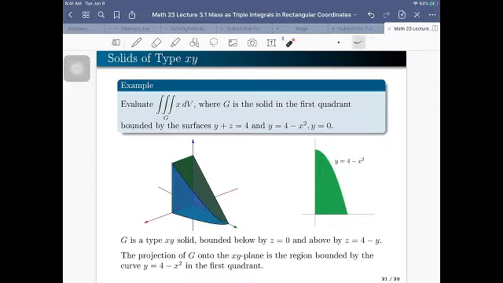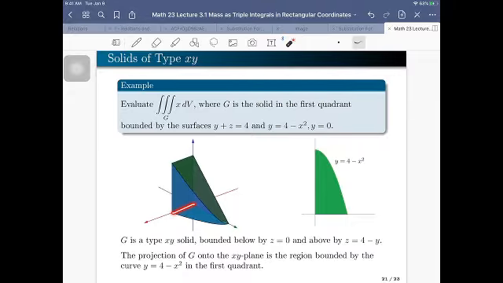Let's verify that this is in fact a solid of type xy. It's because you have a projection over here. After determining the projection, you look at each point xy on the projection. If you get an arbitrary xy on the projection, can you define the roof and the floor of the solid? Yes.